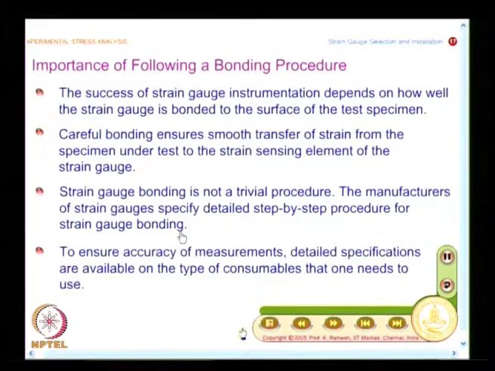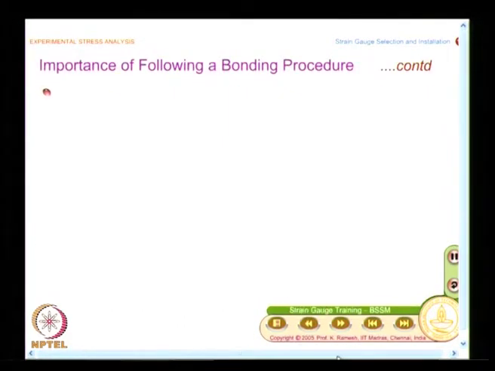If you want sufficient accuracy, then all these steps are very important. So, to ensure accuracy of measurements, detailed specifications are available on the type of consumables that one needs to use in surface preparation, bonding, etc. So, it is not trivial, and you have to follow the recommendation.